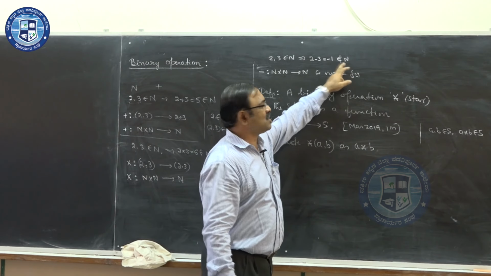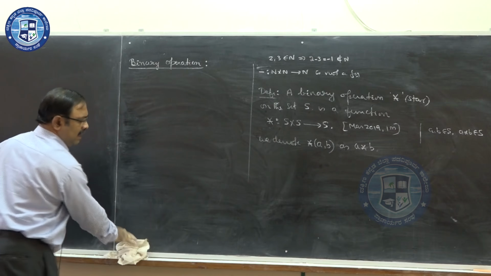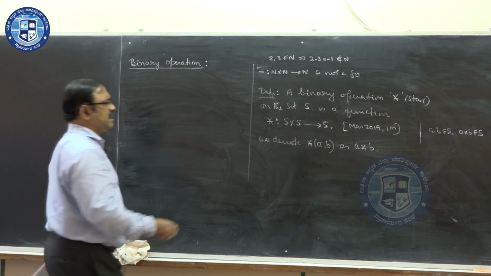So, what is a binary operation? A binary operation star on the set S is a function star from S cross S to S. We generally denote star of A, B as A star B. Now, let us write some examples.